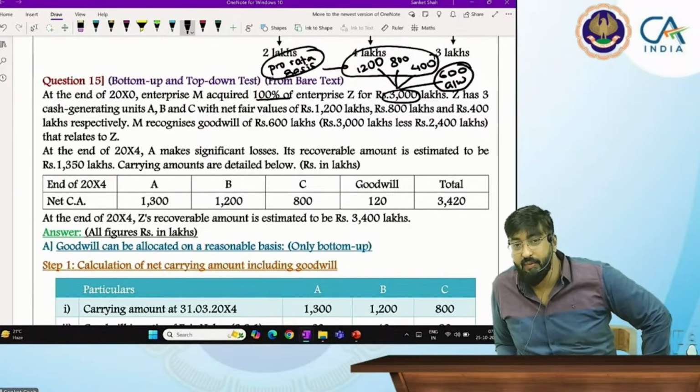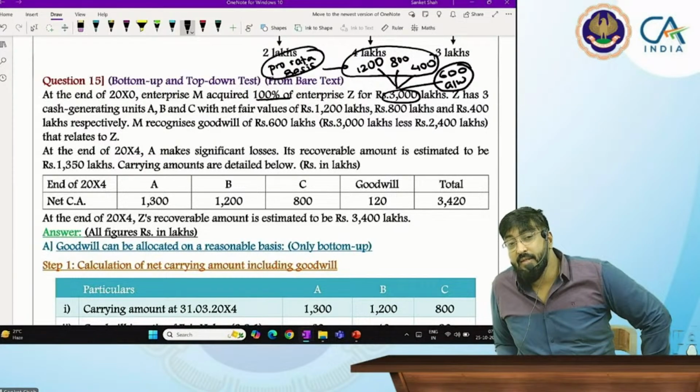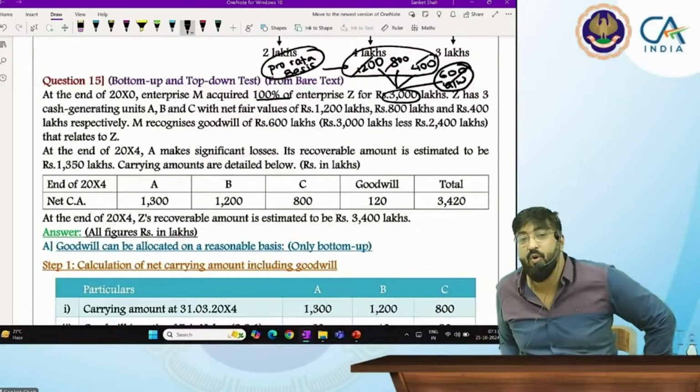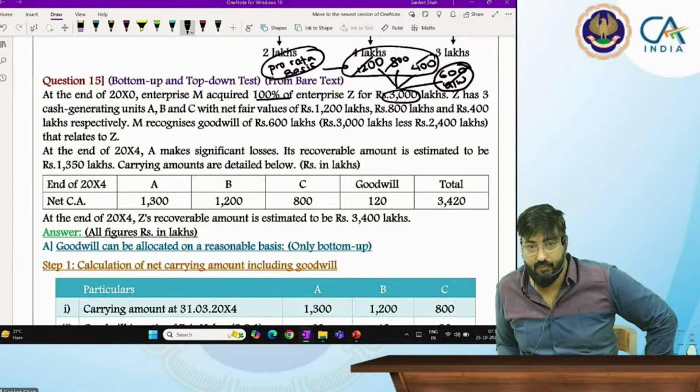Got the concept? Yes, sir. But whenever there is impairment, first we will reduce goodwill and then we will reduce the fair value of that asset. Okay. Is it clear to you?